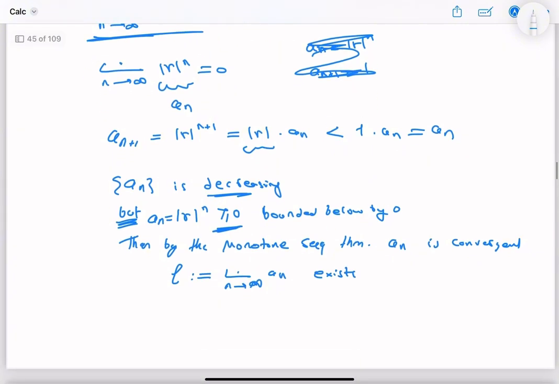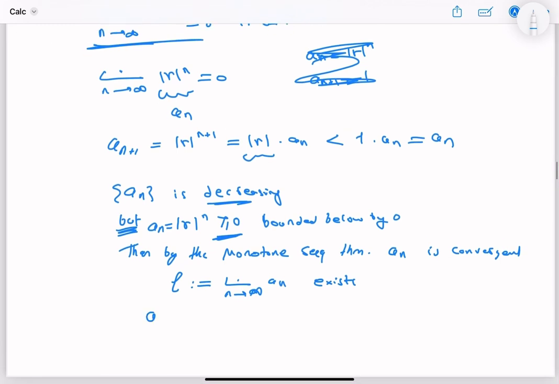Alright, and since this limit exists, we now go back and note that since a_{n+1} is equal to the absolute value of r times a_n, coming from this equality, if we send n to infinity, both sides, what do we get? We get the limit of a_n as n tends to infinity, which is L, right? So here, taking limits both sides. And on the other hand, we're going to have here the absolute value of r times the same L, because it's the same sequence, and we're taking the limit of it as n tends to infinity, right?